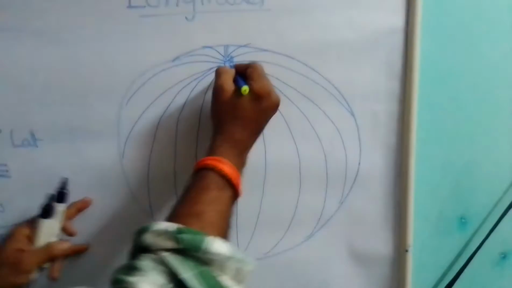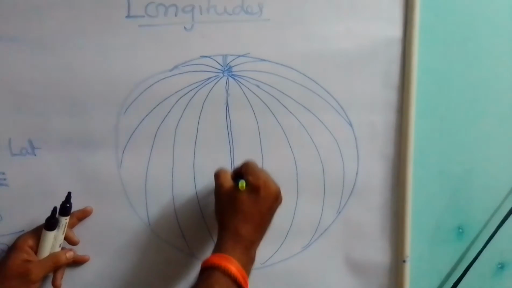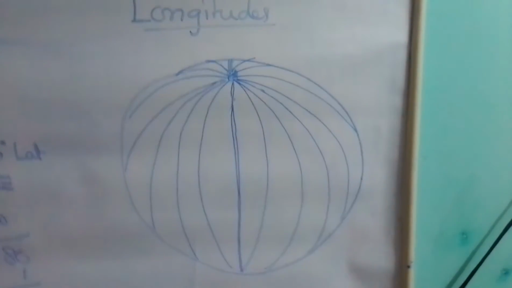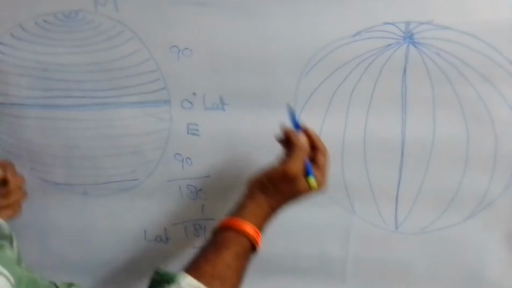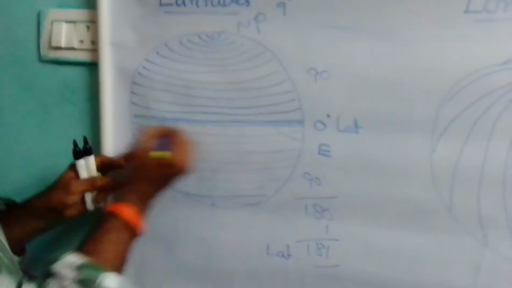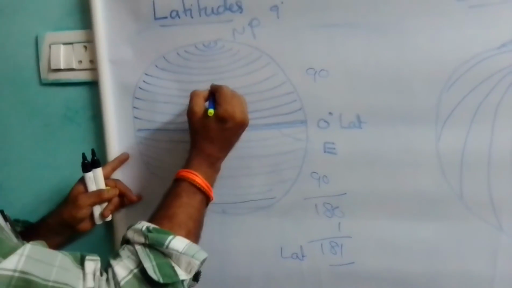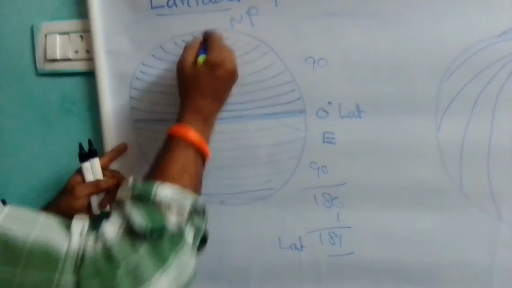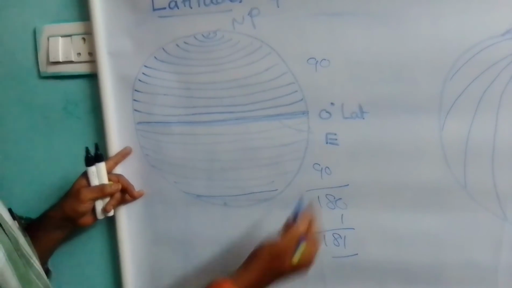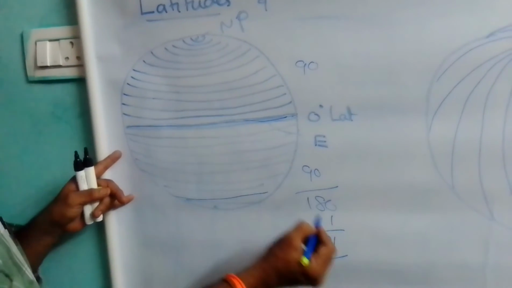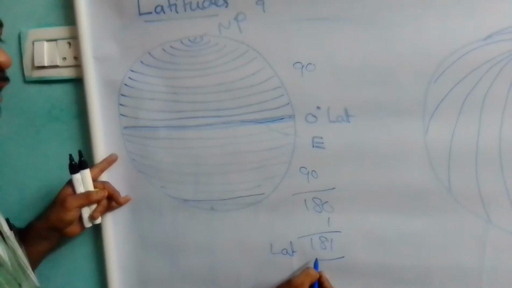And the same way, from equator towards north, from equator towards south, we draw 90 above and 90 below the equator, totally 180, and plus 1 equator, we told you 181 latitudes.